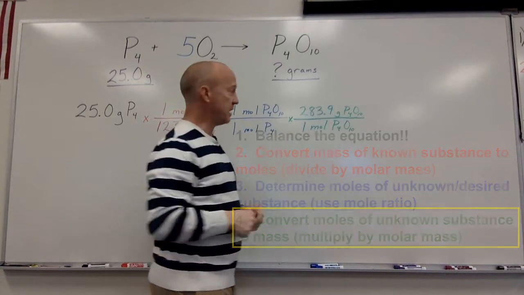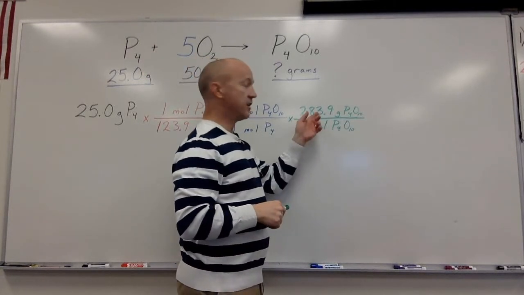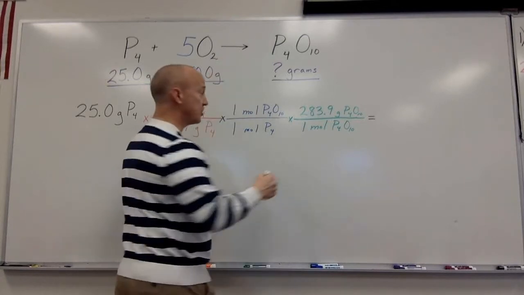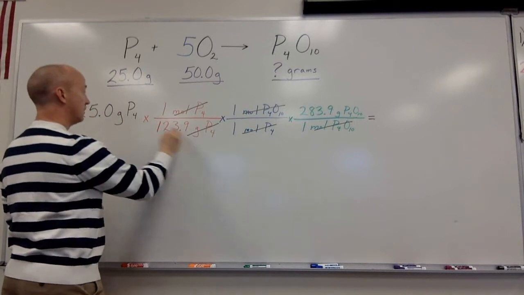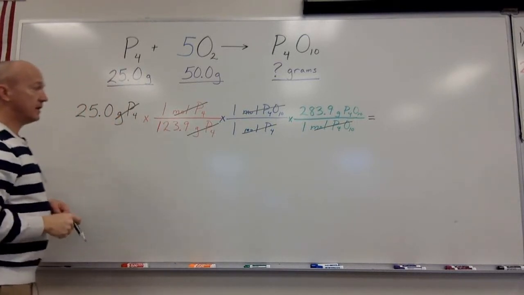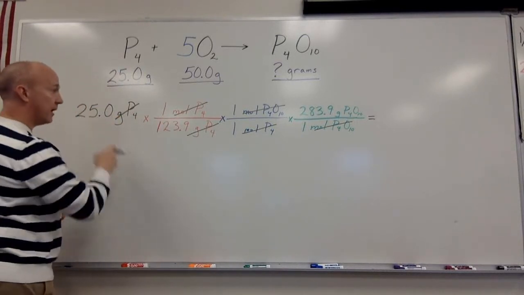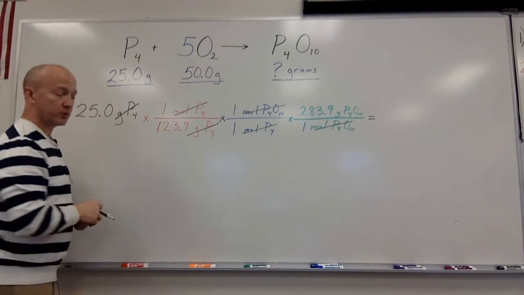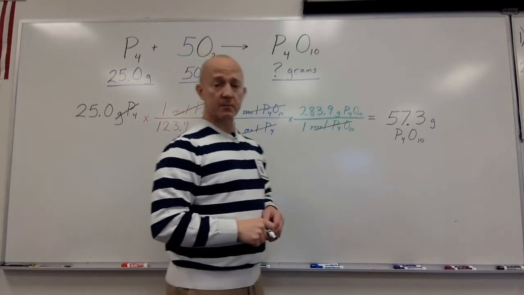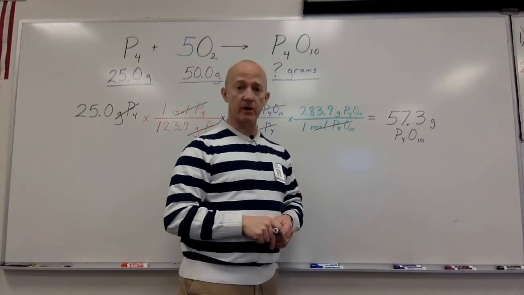So the molar mass of P4O10 is 283.9 grams. In arranging it this way, I can cancel my units, and now I just perform the math. 25 times 283.9 divided by 123.9. That gives us a product mass of 57.3 grams.